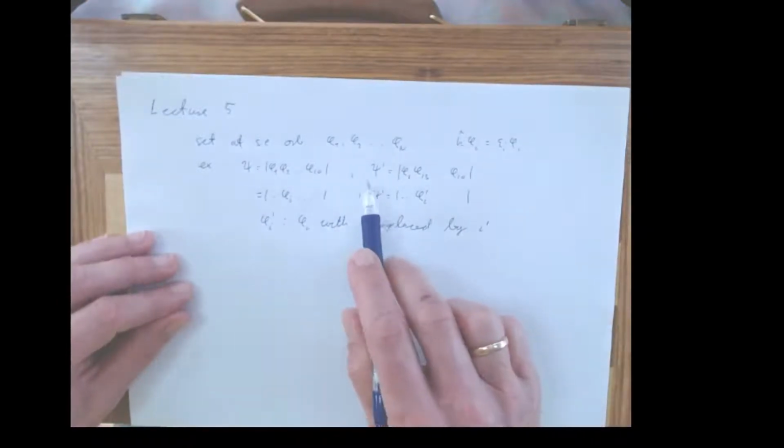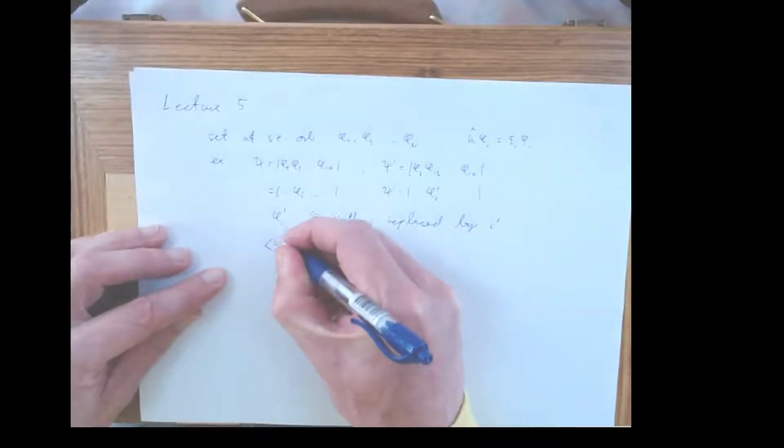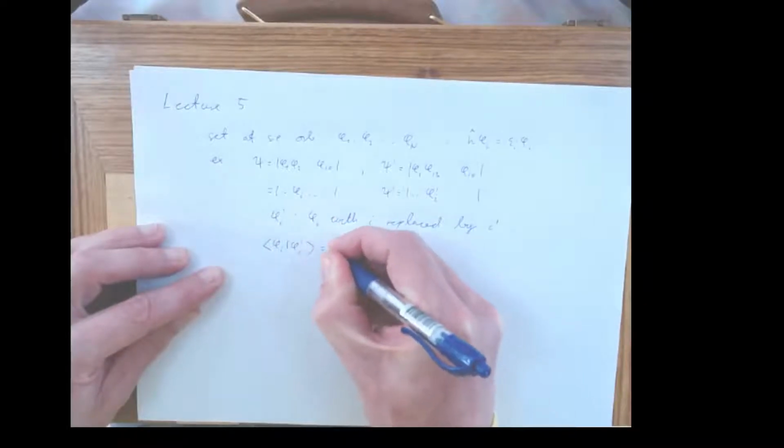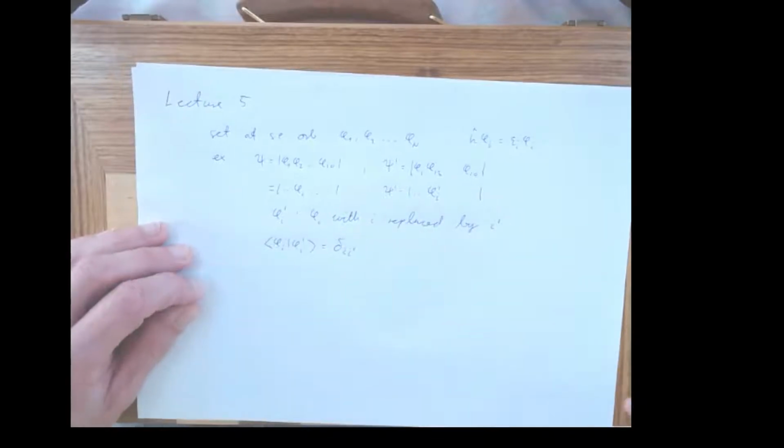And of course these single body states are also orthogonal. So what we can easily say is that the overlap of phi I and phi I prime is delta I I prime. So if the I and I primes are the same, we get a 1, otherwise we get a 0. So they are orthogonal.